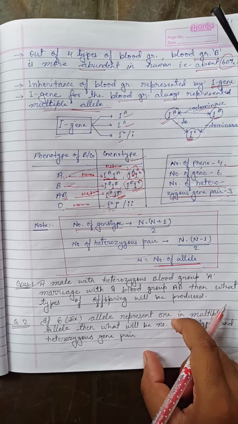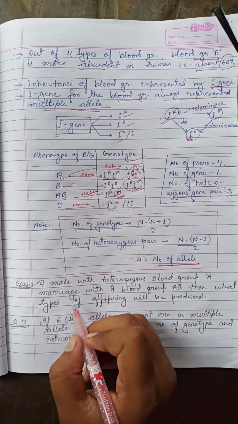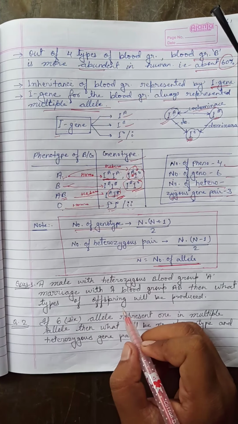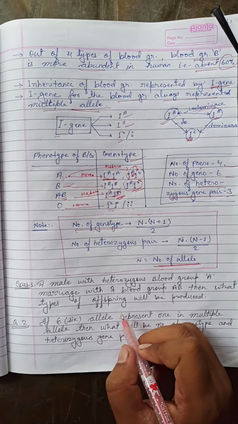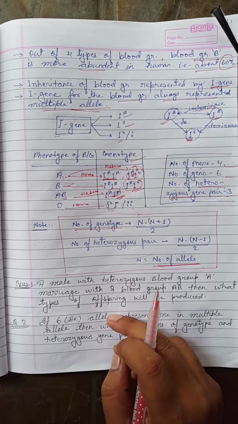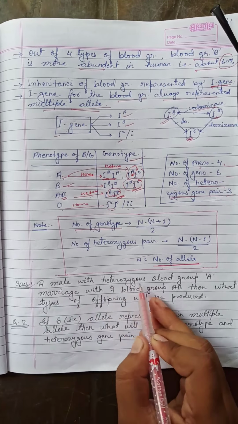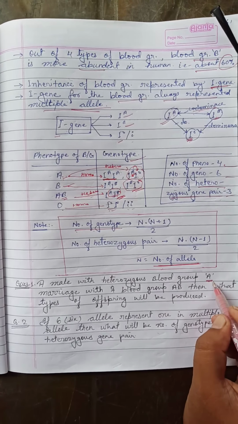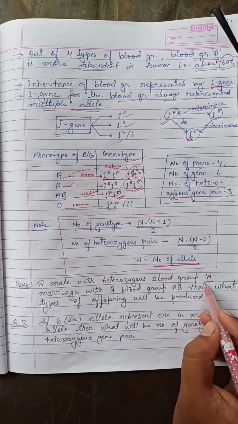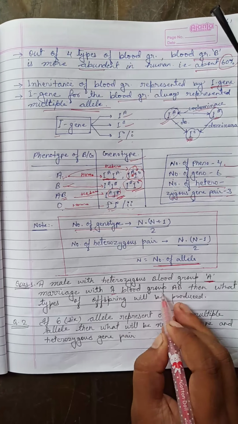Look here, I'm giving you 2 questions. You will have to write the answer on your answer sheet, and we will also describe the answer, but you have to try first. The first question is: a male with heterozygous blood group A marries a female with blood group AB.